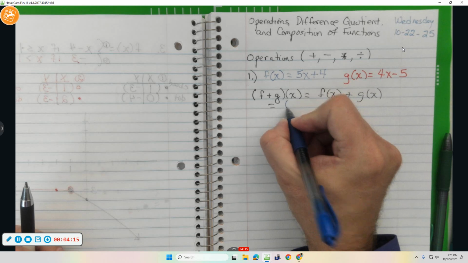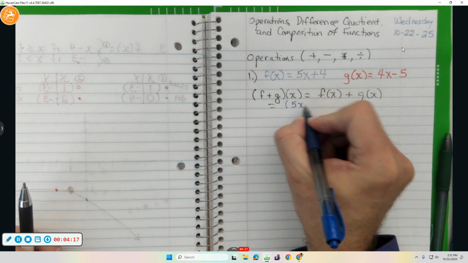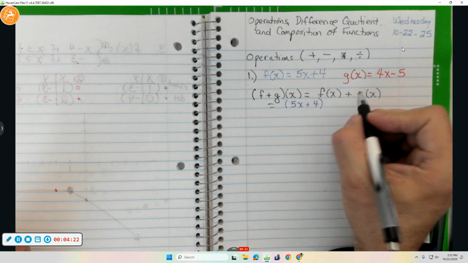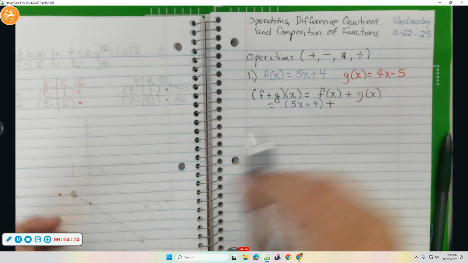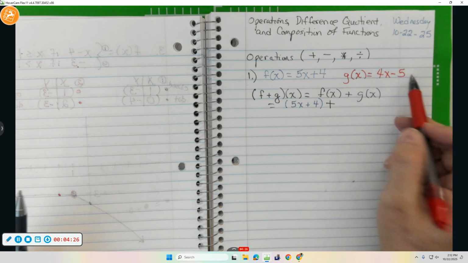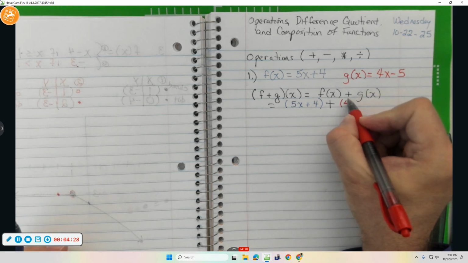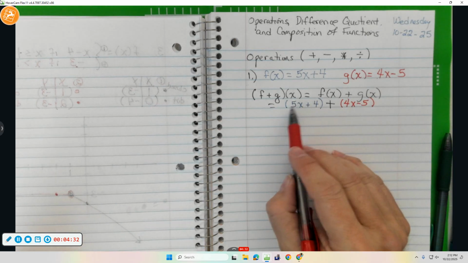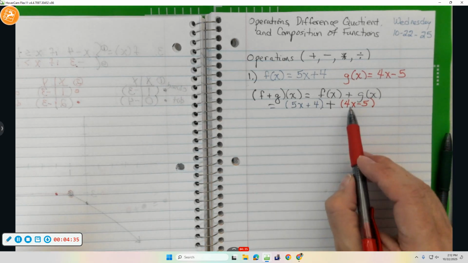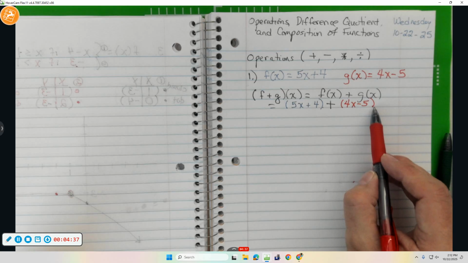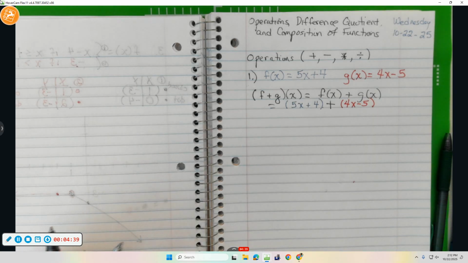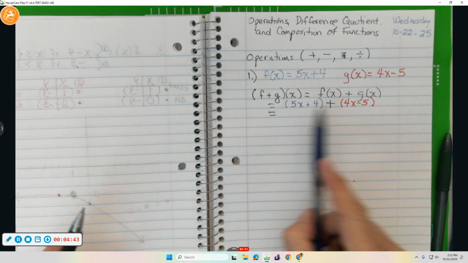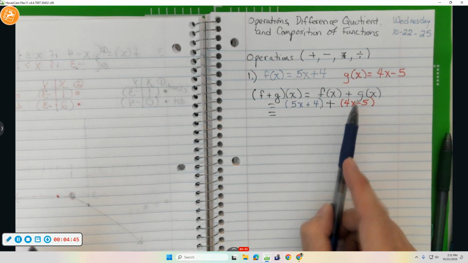I'm even going to put parentheses around each function just to make sure it's clear. F plus g. These parentheses here are just to separate that this is function f and that's function g, especially if you're living in just a black and white world. Here function f is in blue, function g is in red.